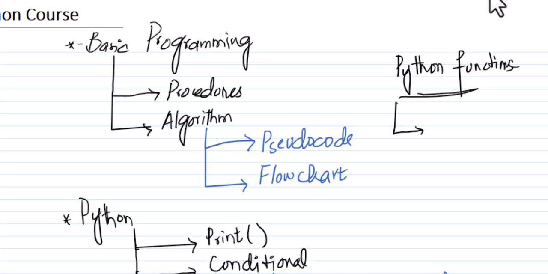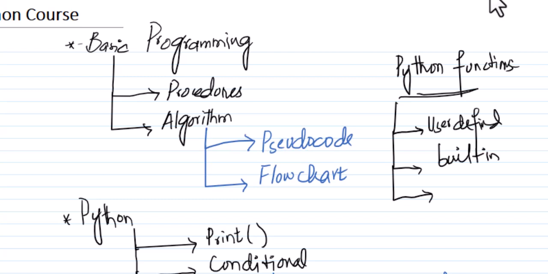We studied all the basics about the user defined functions, some built-in functions, and after it we talked about the lambda functions. So these are some of the things which we covered in Python functions.